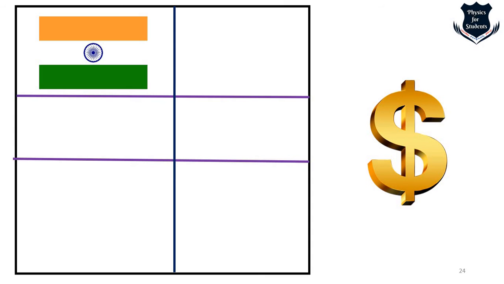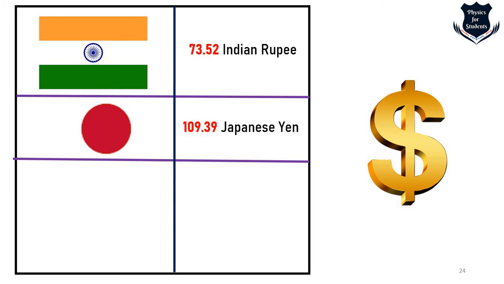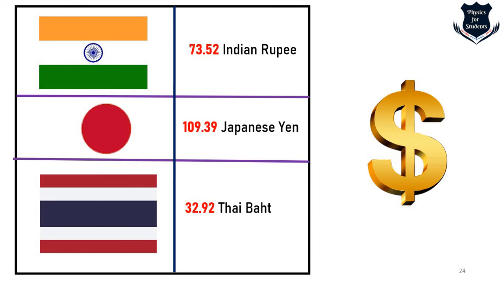Now if I take this $1 in Indian currency, it stands, as per the currency rate, at 73.52 Indian rupees. If I take a Japanese yen, it comes to this, and Thai baht, it comes to this. Now these are all metrics. The price of the dollar changes according to the country because all these countries have different metrics of measurement.